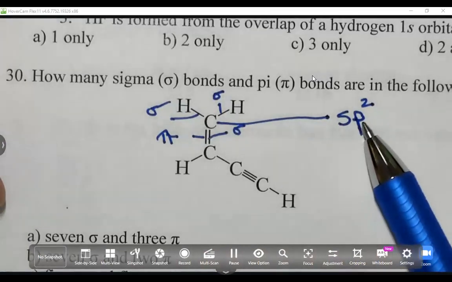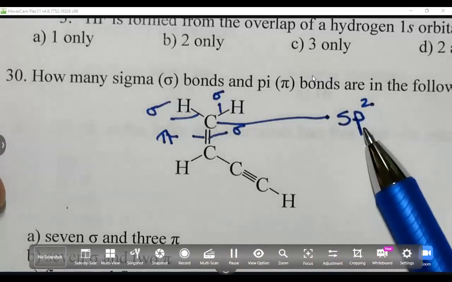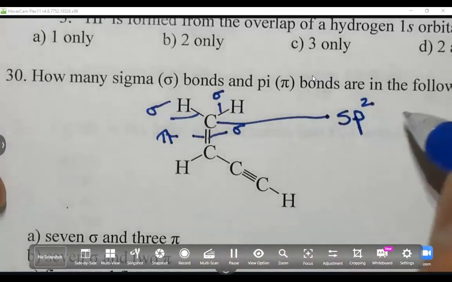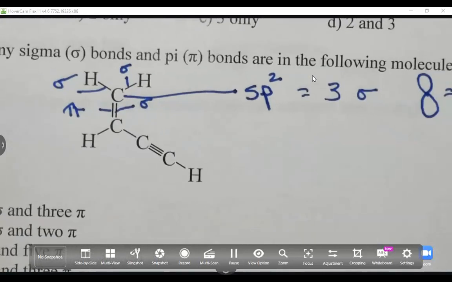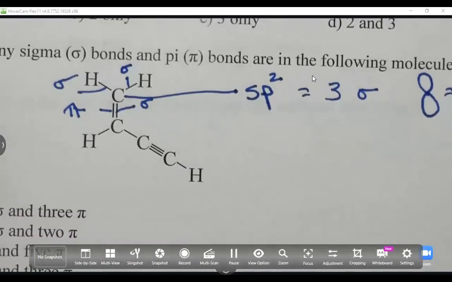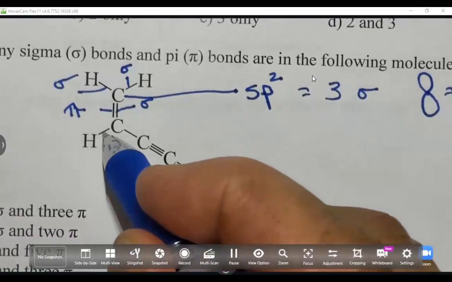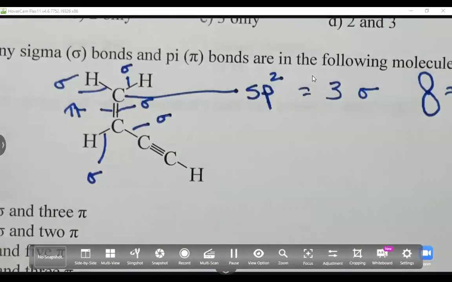This gets you the 3 sigma bonds, correct? sp2 is the 3 sigmas. You have a regular p left over for the pi bond. This is a sigma bond. This is a sigma bond.